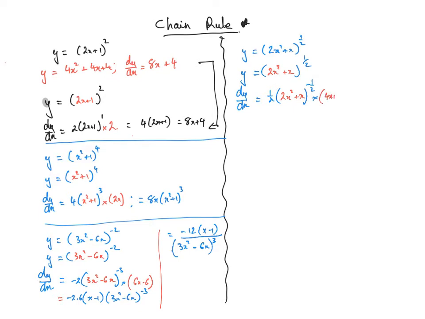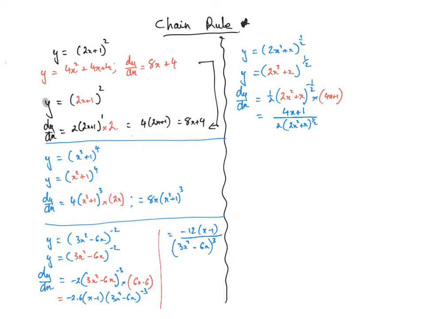Let's simplify if I can. What if we put all that on the bottom? 4x plus 1 on top, and I get 2 outside of 2x squared plus x to the power of a half. I can't cancel the 2 and the 4 because it doesn't go into the 1 as well, so I'd have to write that as a half if I was to do that.